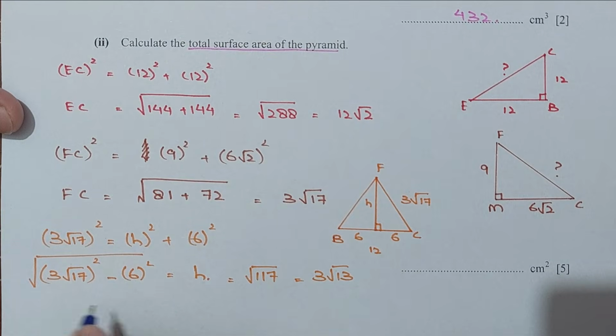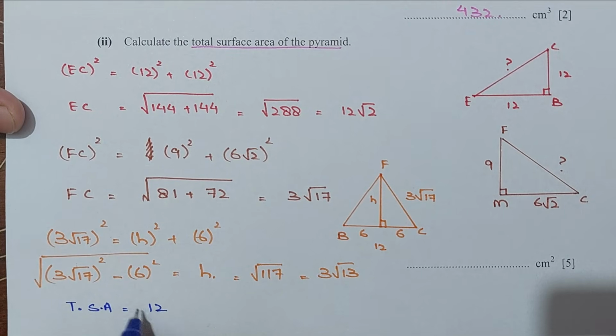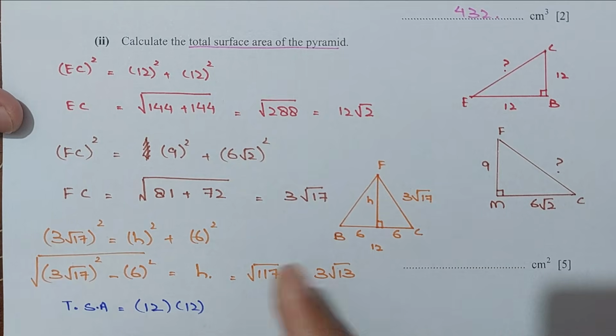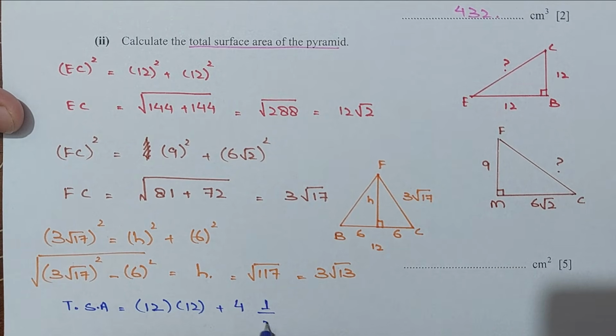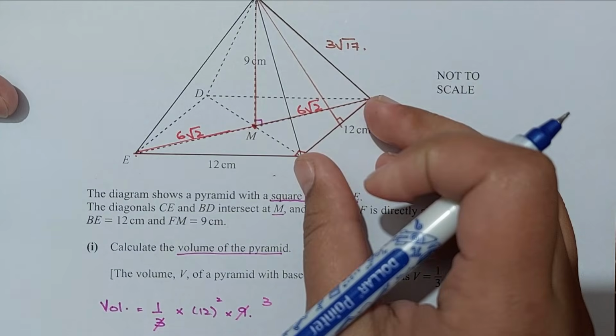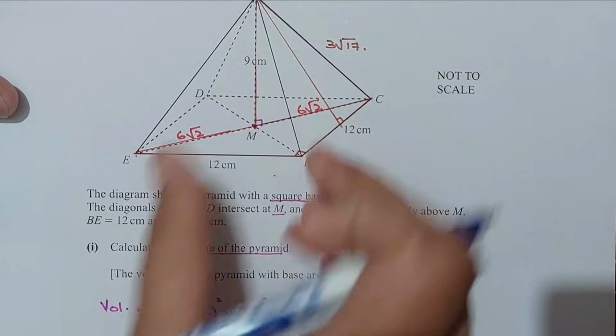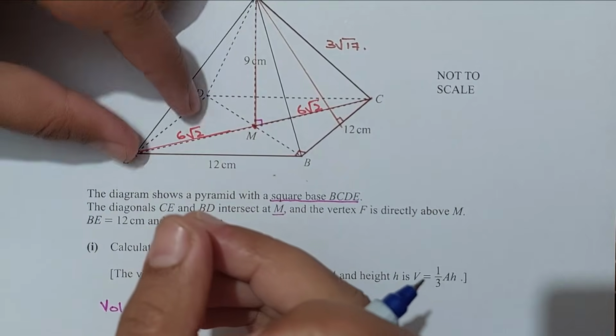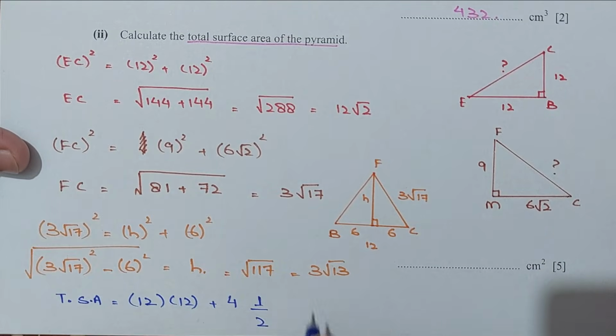Now let's find the total surface area. Total surface area is the base area, which is 12 times 12, since it's a square and the area of a square is side times side, plus we have 4 triangles, half base times height. What is the base of each triangle? The base of each triangle is 12. This triangle base is 12, this one is 12, this one is 12, this one is 12.